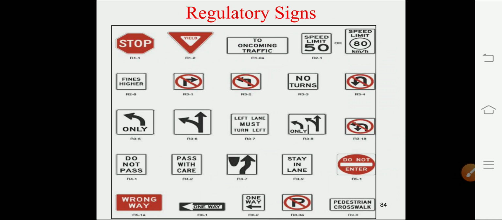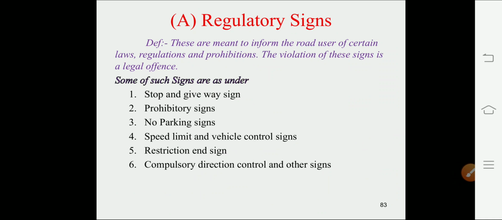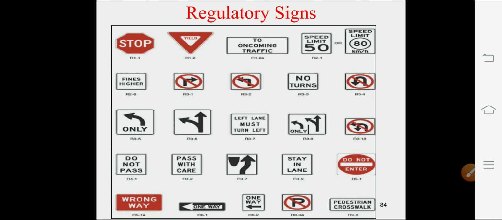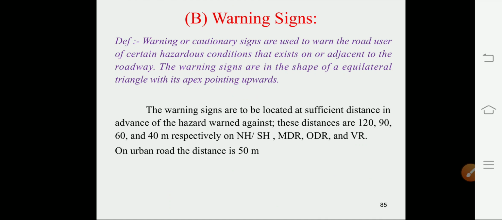Wrong way, do not enter, which is often written for a one way road. U turn is restricted. Speed limits, they are giving you the banner of speed limits. All these are regulatory signs; you have to follow the rules. Then restriction end signs and compulsory direction signs are also regulatory signs.